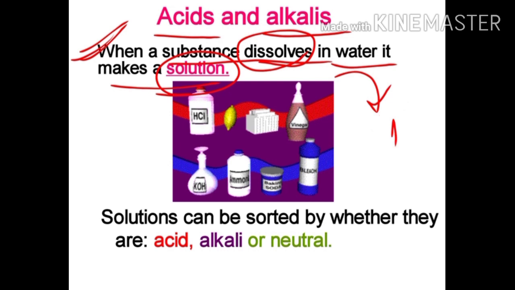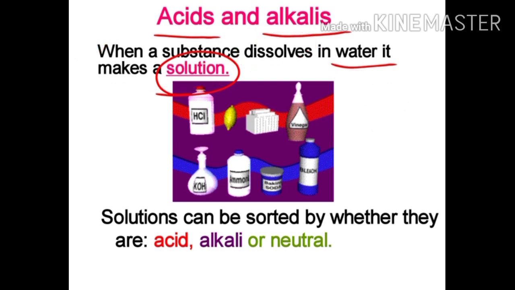Whenever you are preparing any solution, a salt solution, sugar solution, any acid solution, lemon juice, any solution whichever you are making, every solution has its own nature. They can be acid, they can be alkali, or they can be neutral.